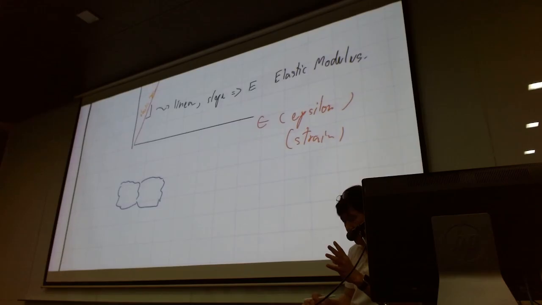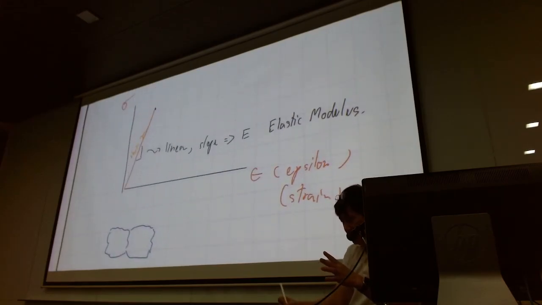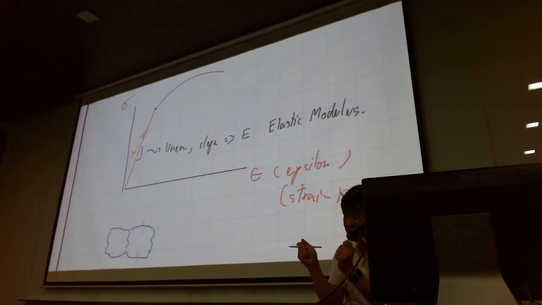So that's what happened here. But then after a while, it will start curving. When it starts curving, we have in the microstructure what we call a dislocation. It means that at the grain boundary, some of the grain breaks off.